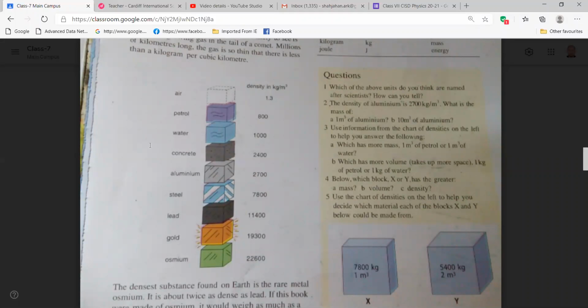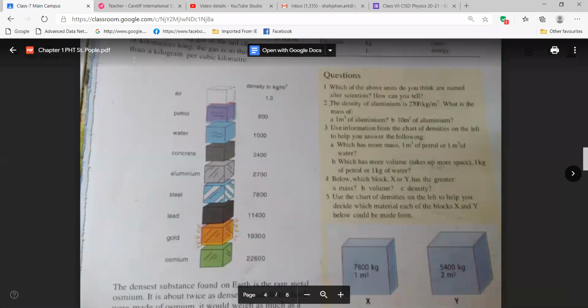How can we get it? The same way, you have to rearrange the formula. Volume equals mass by density. The volume of petrol is 0.00125 and the volume of water is 0.001.